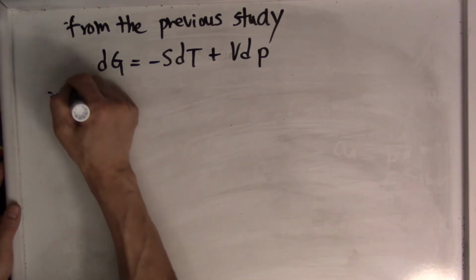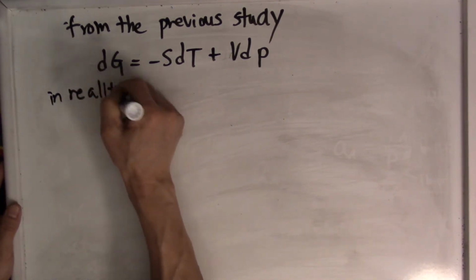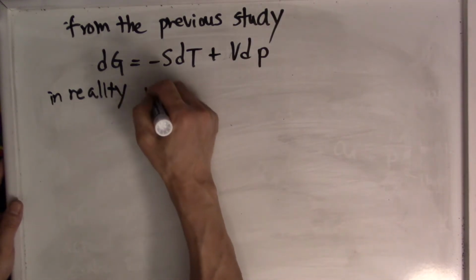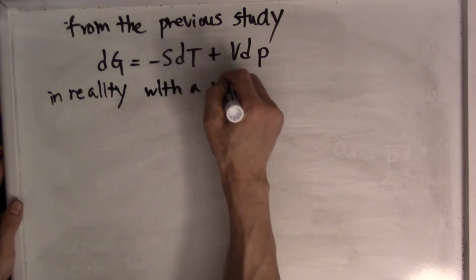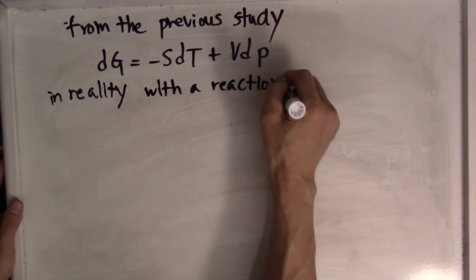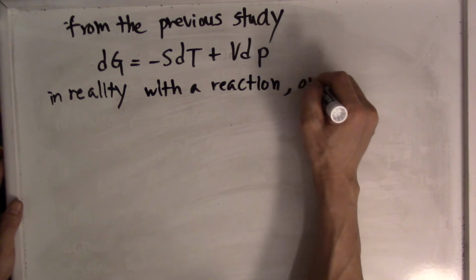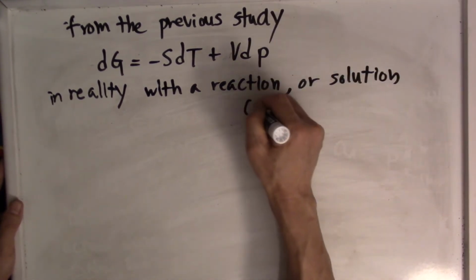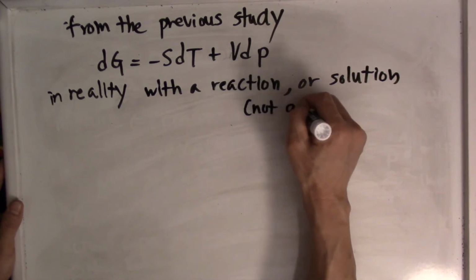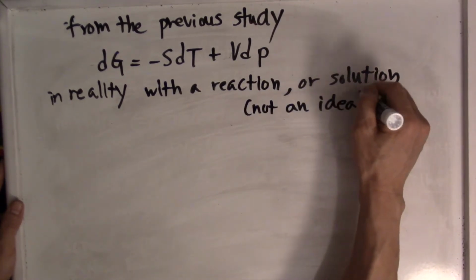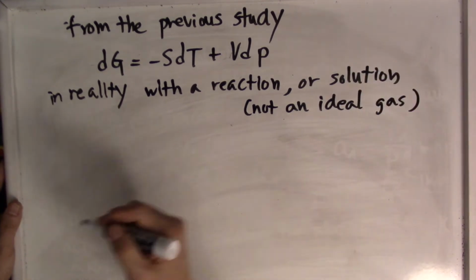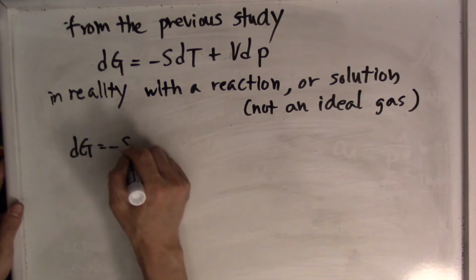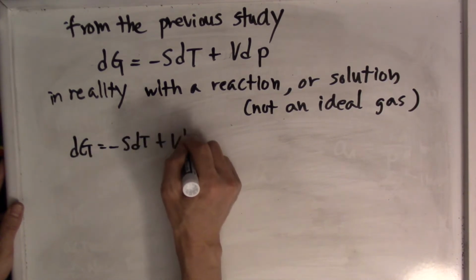So in reality, with a reaction, or solution, meaning not an ideal gas, then you can call dG is equal to still minus SdT plus VdP.